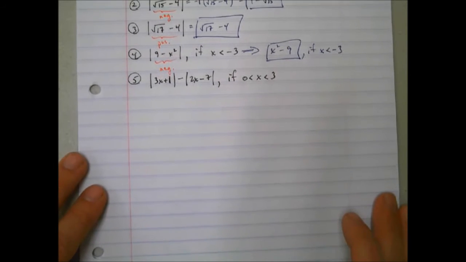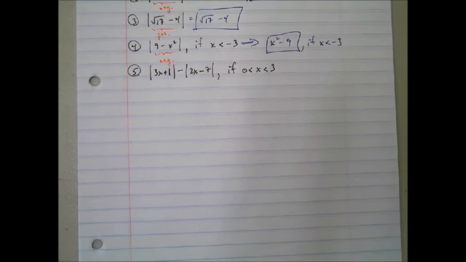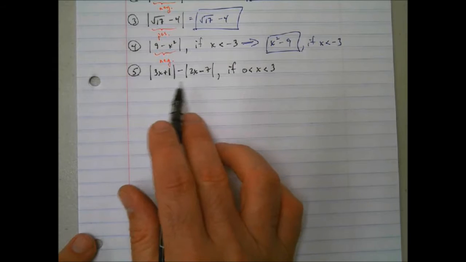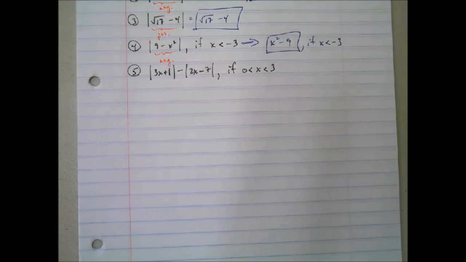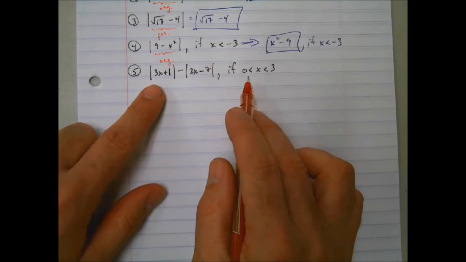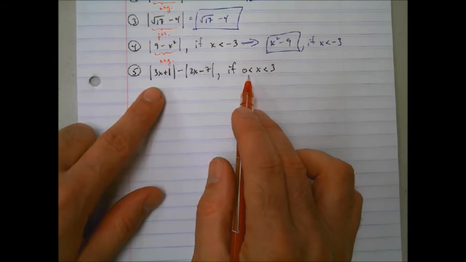Okay, so yes, it's possible to have more than one absolute value bar and then operations in between. So deal with each one separately.